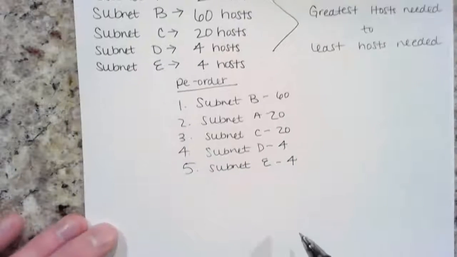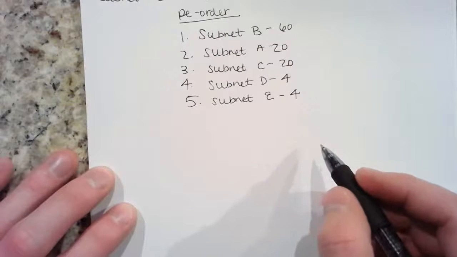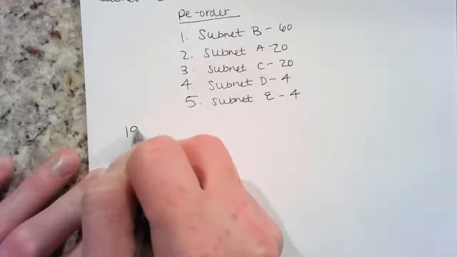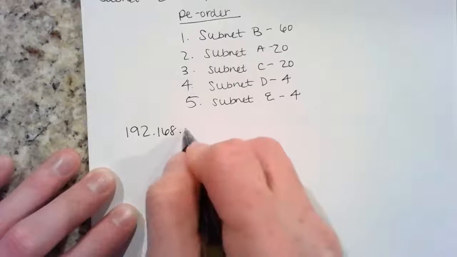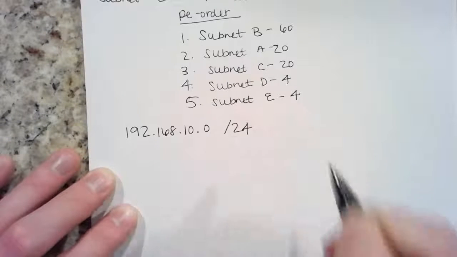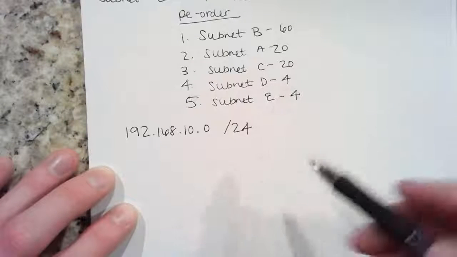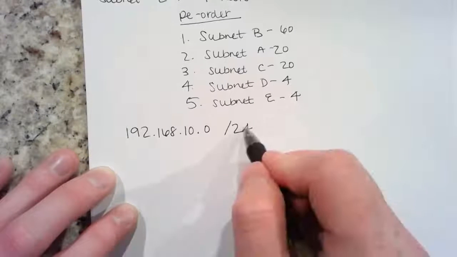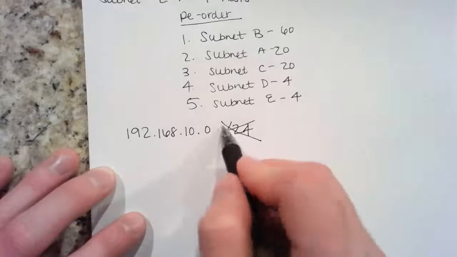So I'm going to go down a little bit. Our starting address in our example they gave us was 192.168.10.0/24. Now, because of the way our network is going to be broken out into all these different subnets, the first thing you can do is just forget this altogether, okay? Because we're going to change that.